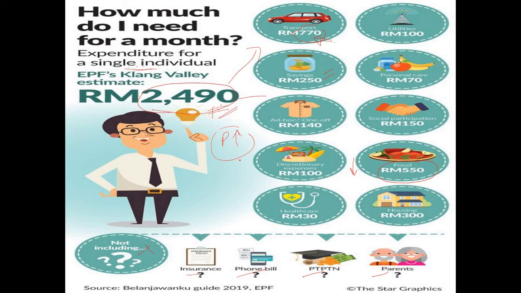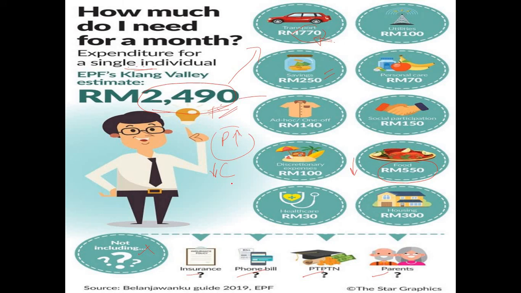So what we need to do, when our income stays the same and prices increase, normally people will reduce consumption. We have to reduce our allocation for items here, to make sure that we can still maintain our living.